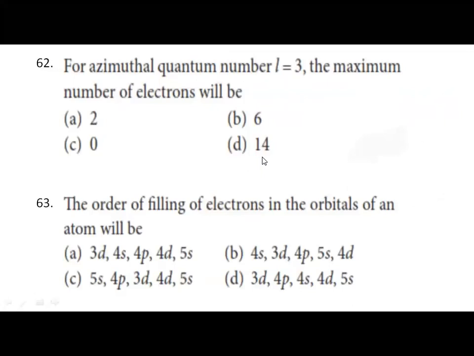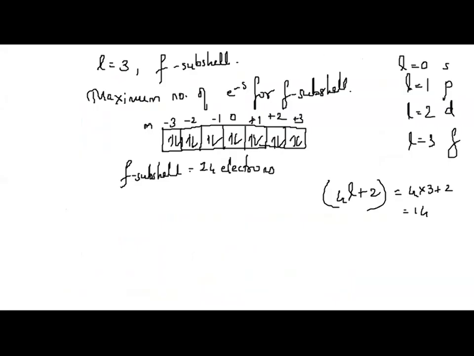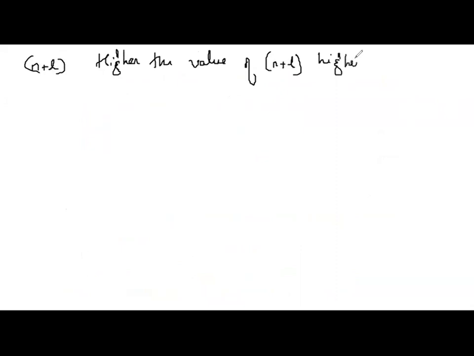Next, the order of filling of the electrons in the orbitals of an atom will be. So they have given these options. It starts from the third shell, and we know that the order of filling the orbitals is governed by the Aufbau principle and the n plus L rule. So what we say here: higher the value of n plus L, higher is the energy.